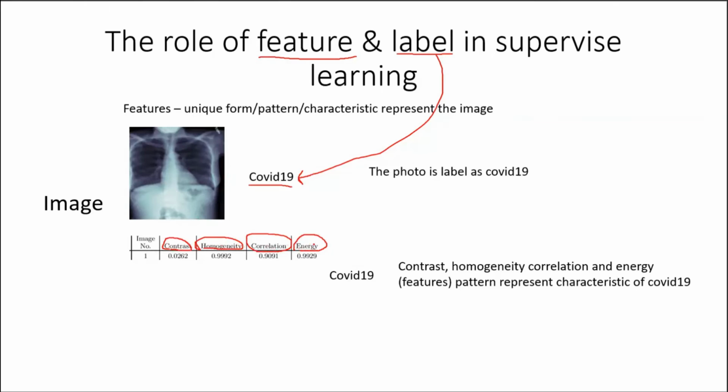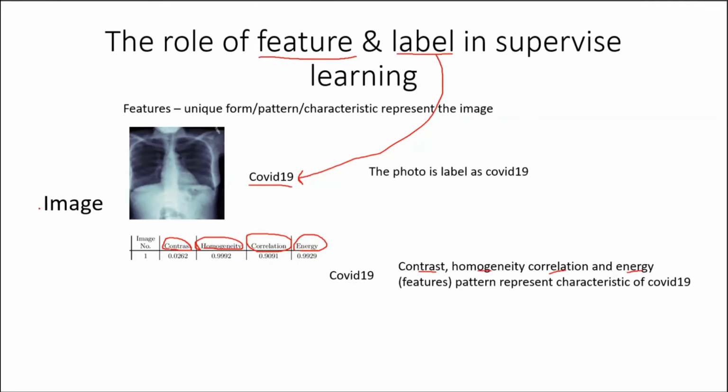Okay, there is a formula, but it is not what we are concerned about today. So let's say this picture has contrast 0.02, homogeneity 0.9, correlation 0.9, and energy 0.9. So this contrast, homogeneity, correlation, and energy are considered features. Okay. So how many do you get?